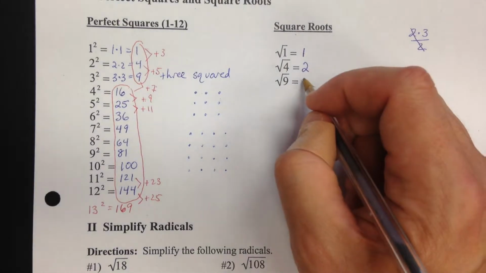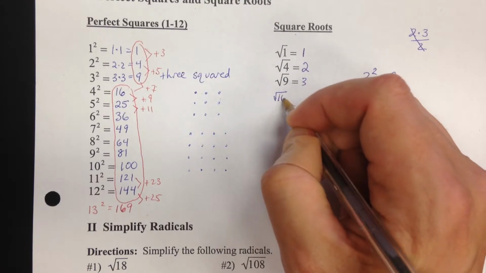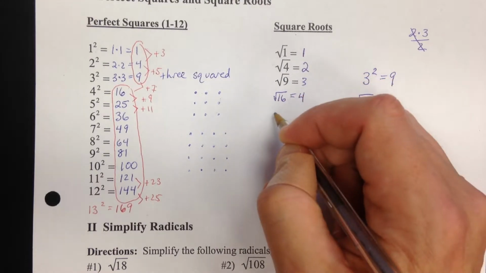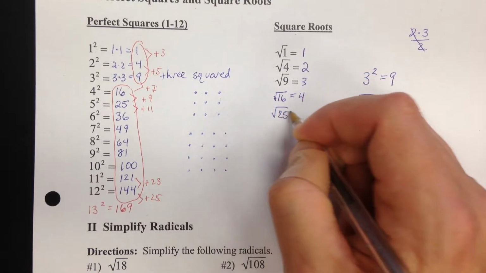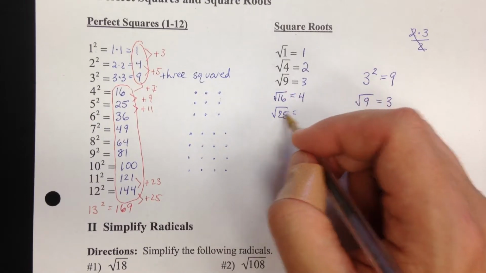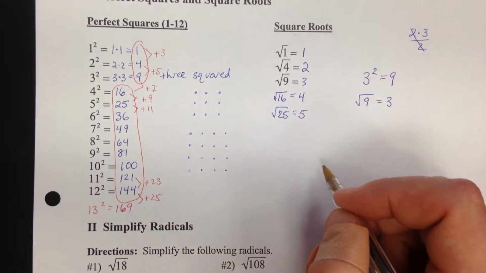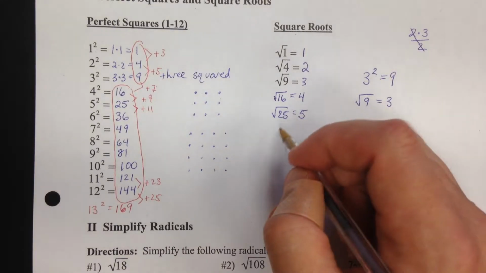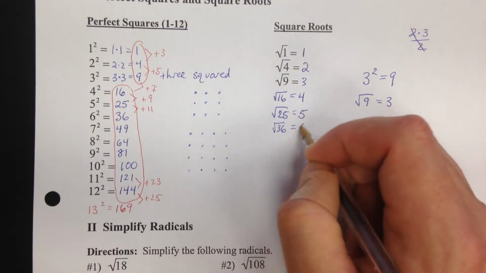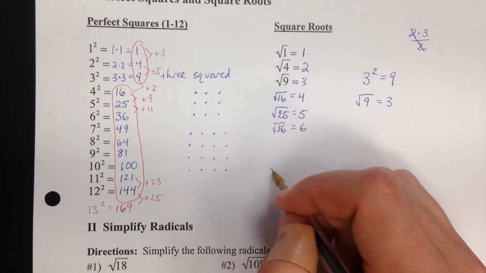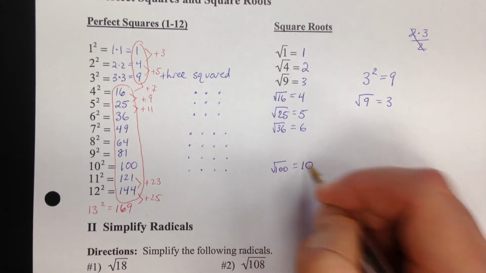Okay? Square root of 9 is 3. The square root of 16 is 4. So when I take the square root, for these integers, I'm getting the original number that I was squaring. The square root of 36 is 6, and you can keep going. The square root of 100 is 10.